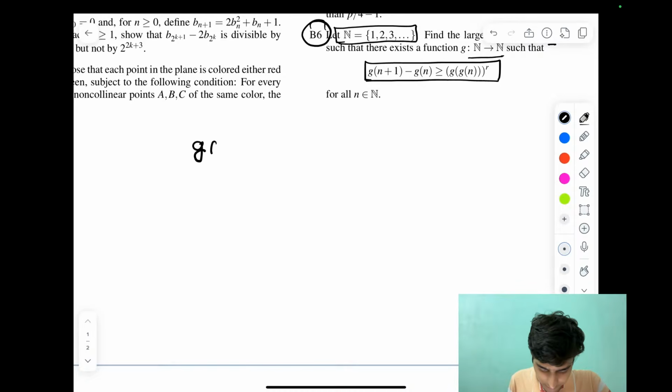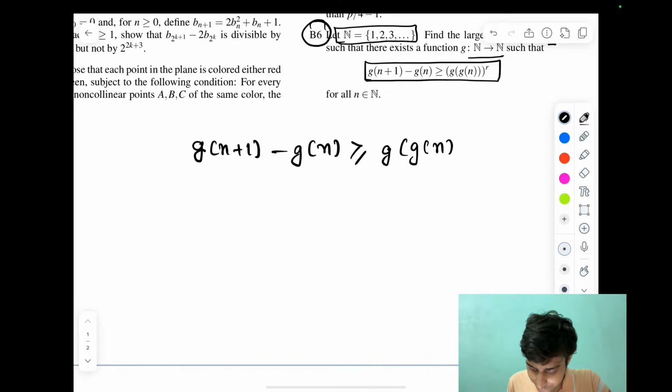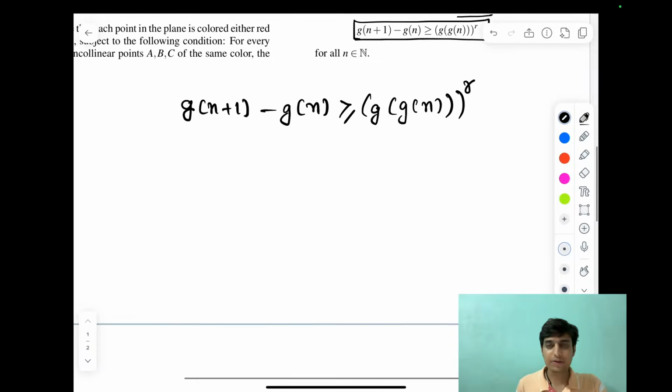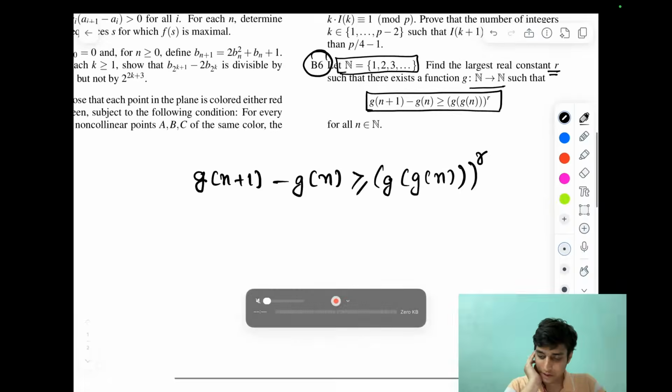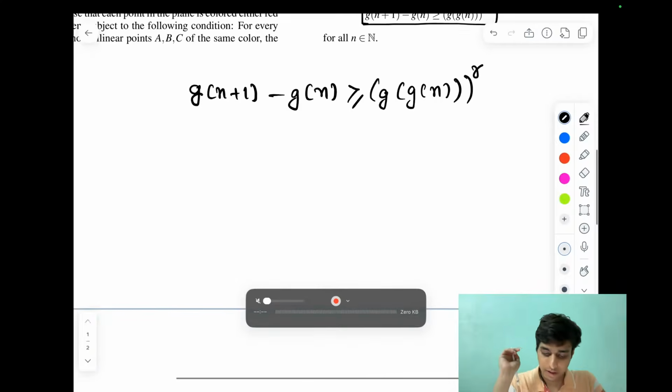I can see this function says something, but we have to check whether what we are perceiving is actually true or not. So this function is this. That's my largest real number r.